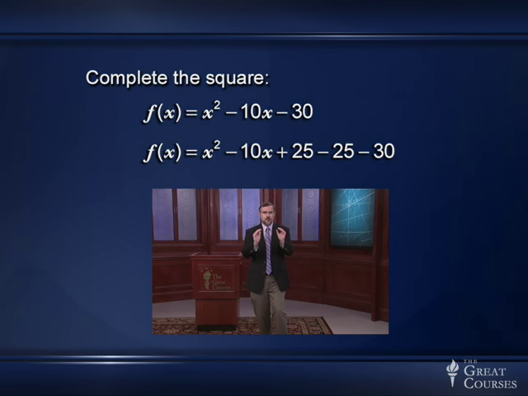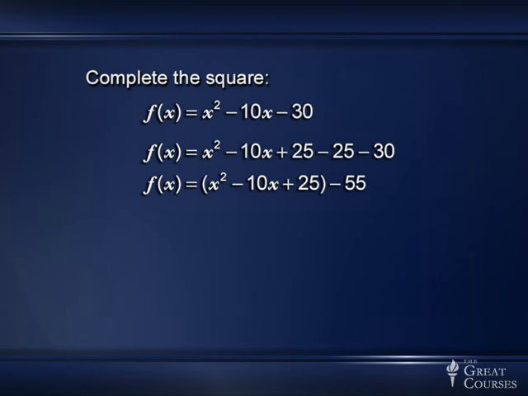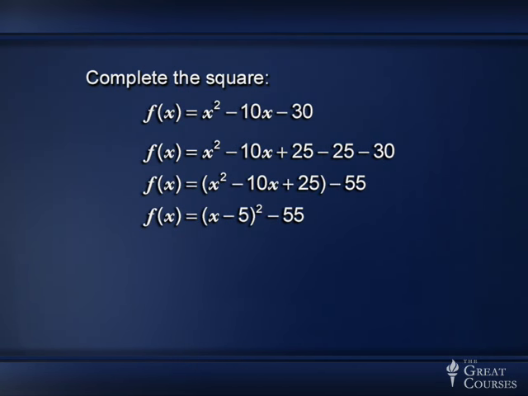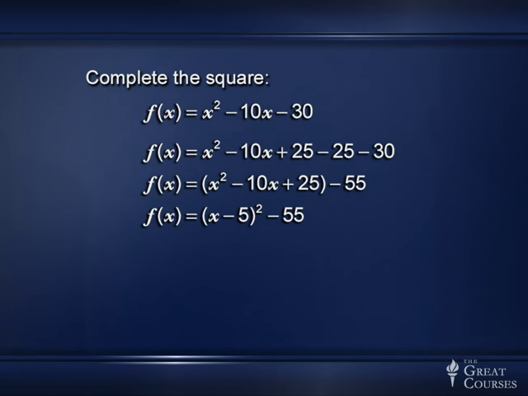And now if you group those the right way, you'll have x squared minus 10x plus 25, minus 55 on the outside, and that's the same as x minus 5 squared minus 55. And once you've done that, and that's all we were asked to do in this problem, you can actually interpret this even further.